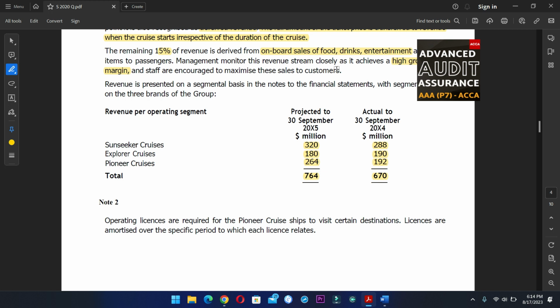We discussed that in part A. Now, don't you think we can make a point for this one, that we can discuss with the management that this should have been disclosed separately and why they are not doing so, or do they intend to report this separately, right? So let us draft a point.